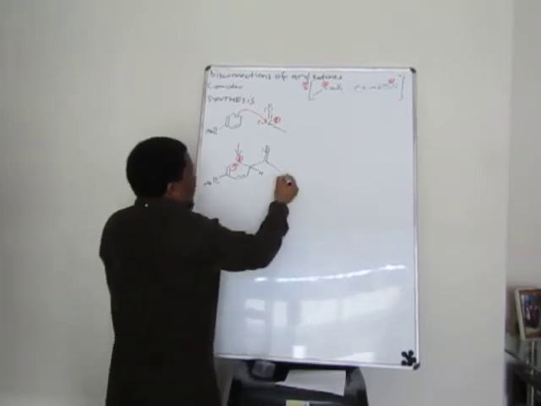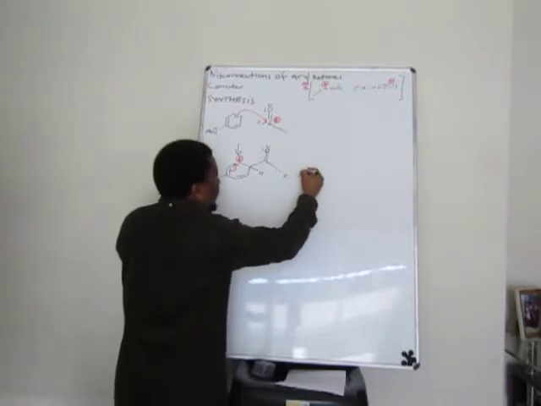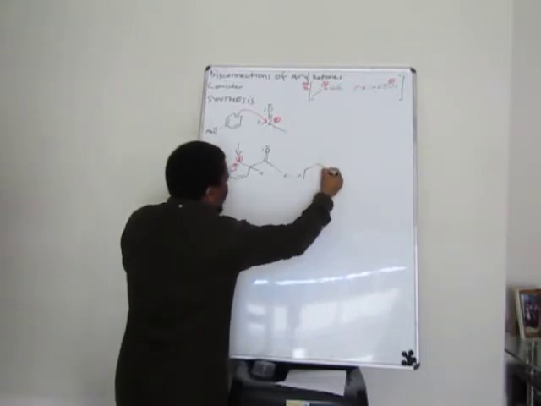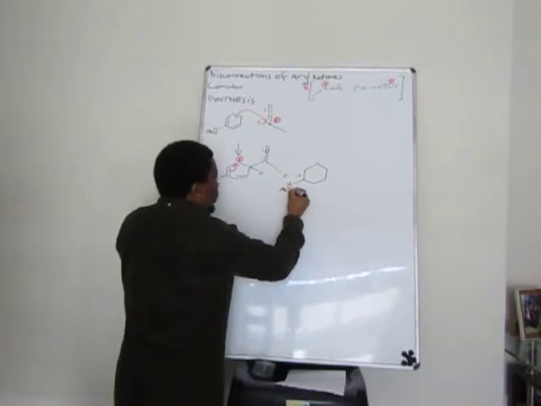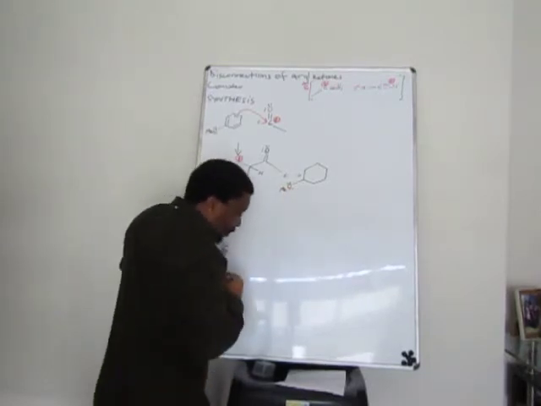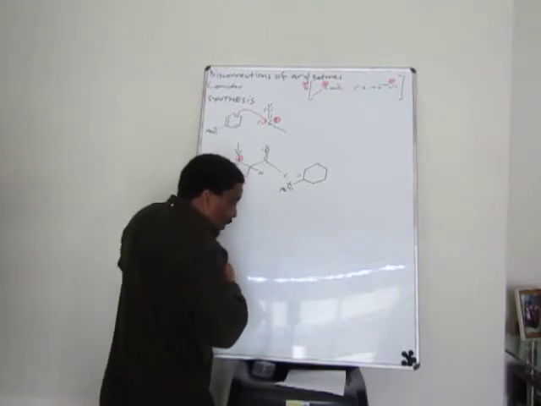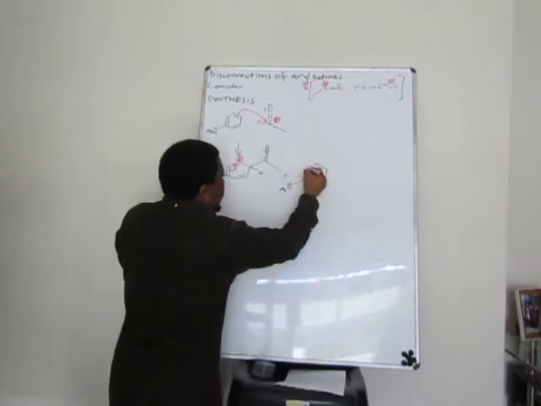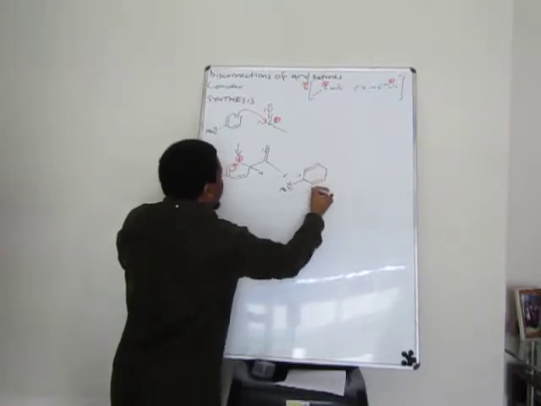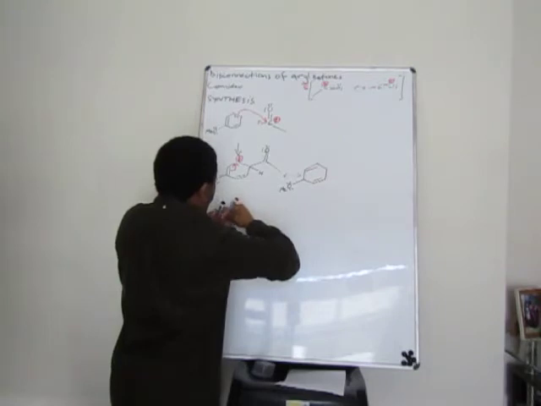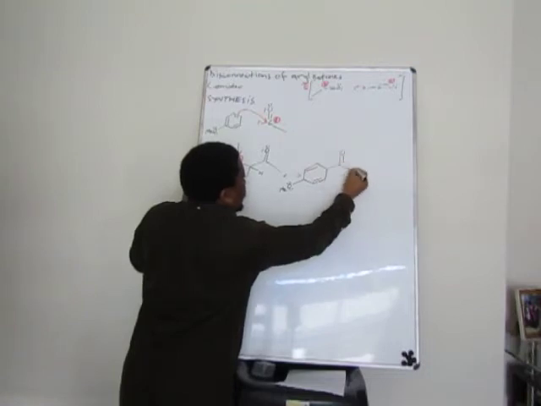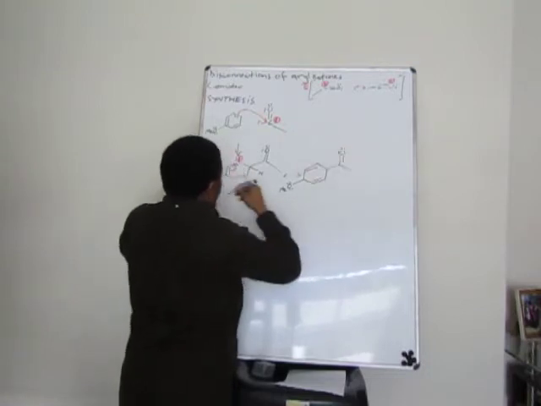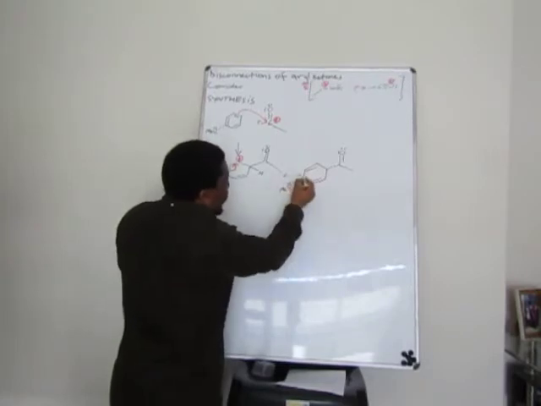Now you generate another resonance hybrid structure there, with oxygen and OMe, and the double bond is now on this carbon atom here.